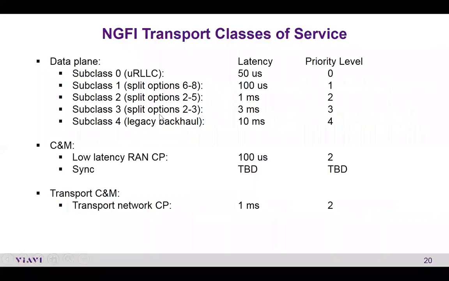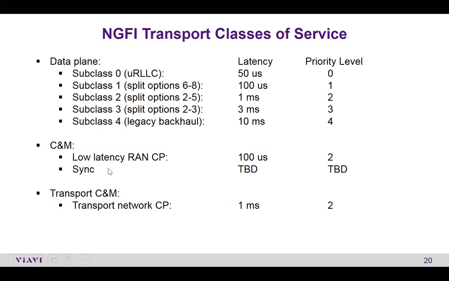When we look at this IEEE 1914, it actually provides different subclasses for the data plane, and depending on your application, you could have different latency requirements. Ultra low latency is the most stringent requirement, and subclass 4 is basically our legacy backhaul, right? For CNM, again, if you are low latency, then you need a stringent requirement.